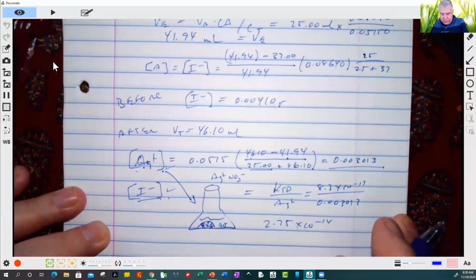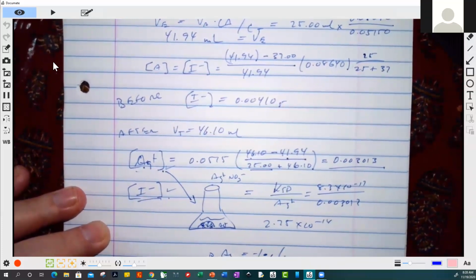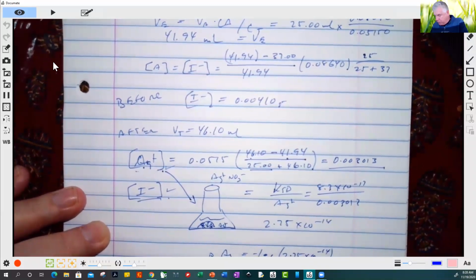Excellent. And then the PAg is the negative log of this value, which is equal to what, Calvin? 13.56. Excellent.